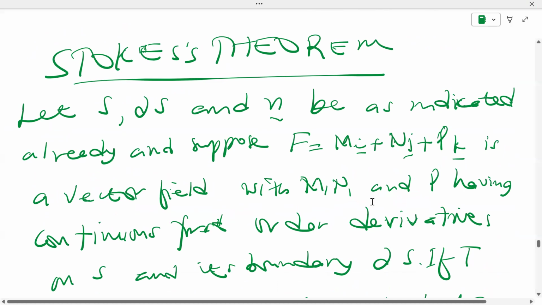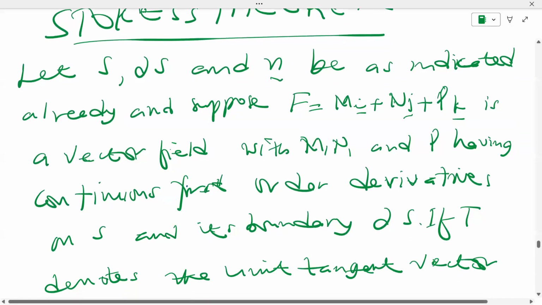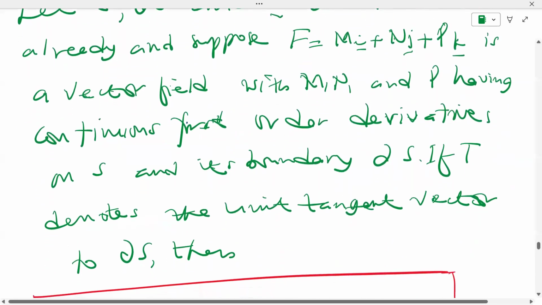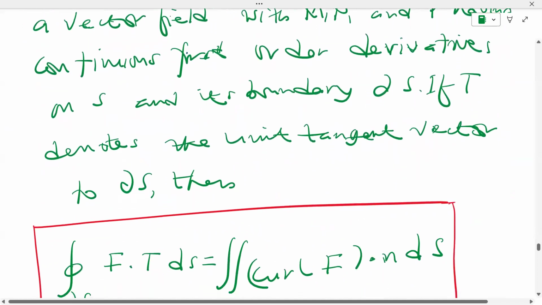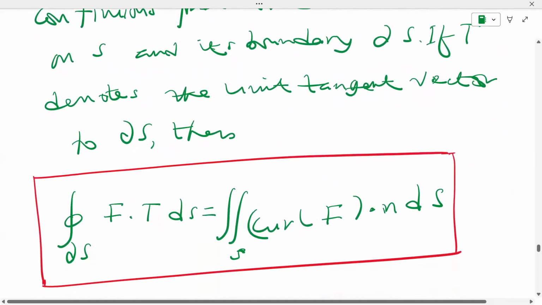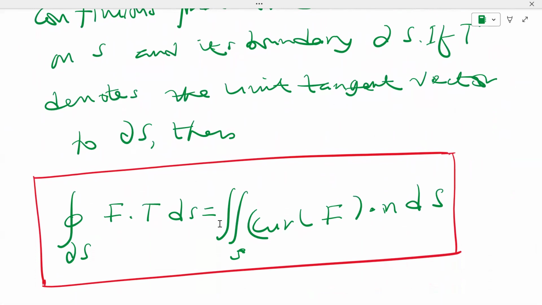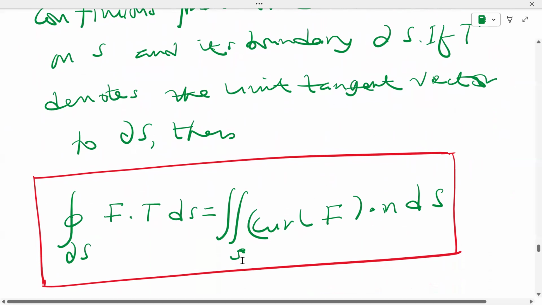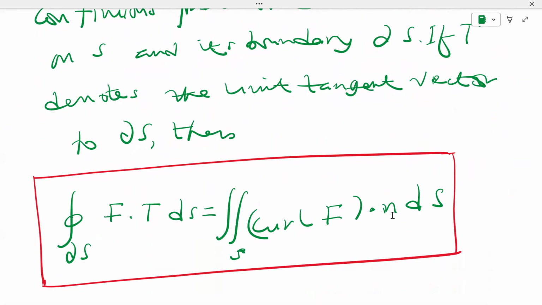It's a vector field with M, N, and P having continuous first order derivatives on S, and is bounded by the curve. And if T denotes the unit tangent vector to the curve, then we have an expression giving us Stokes' theorem: the closed line integral of F dot T ds gives us a double integral over S of curl F dot n dS. All right, so this is Stokes' theorem that we are considering.